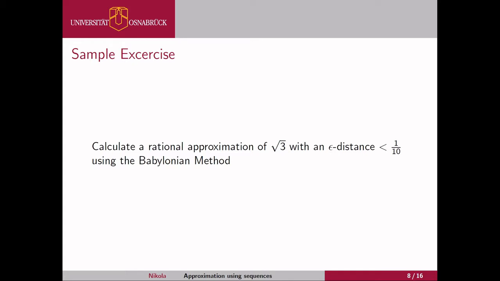All right, I hope you got to the lecture fine so far. If you want, you can take a small break right now. And while at it, if you want, solve a small sample exercise. You're supposed to calculate the rational approximation of root 3 with an accuracy of more than 1/10.